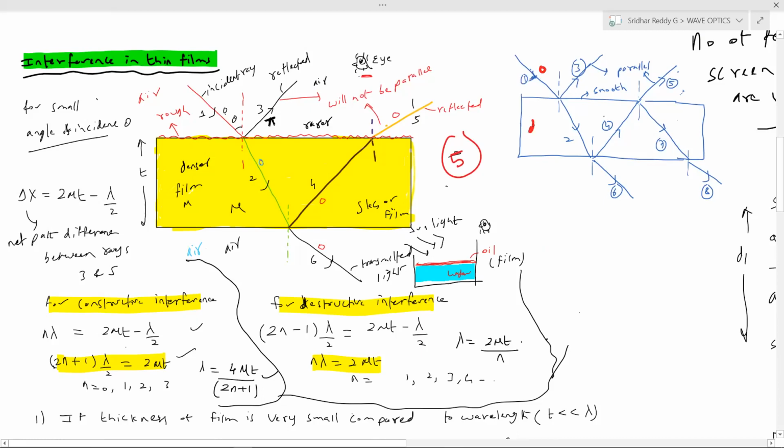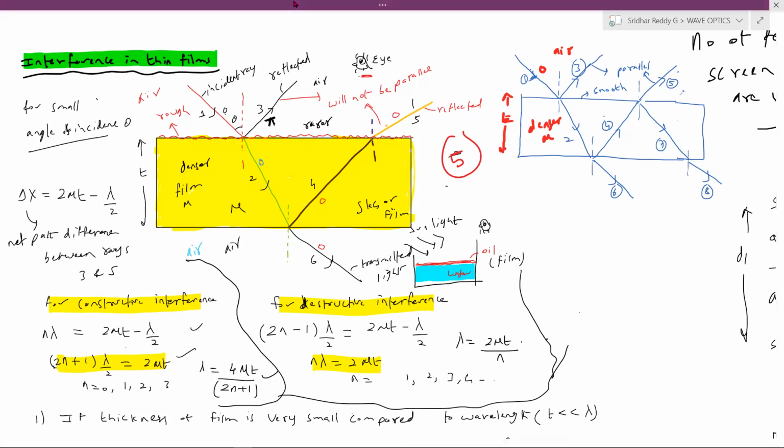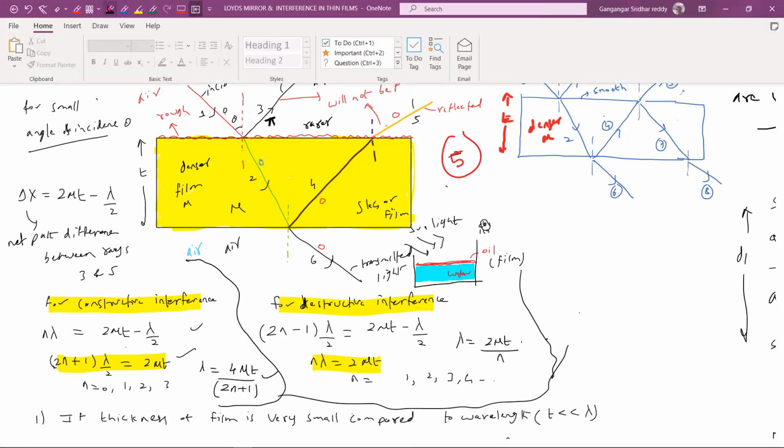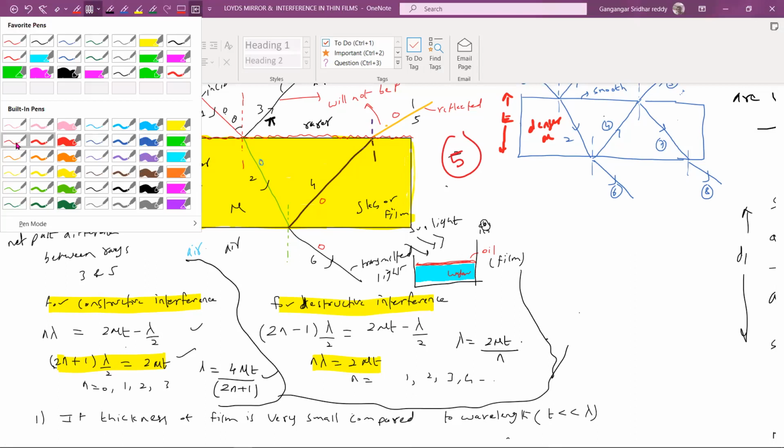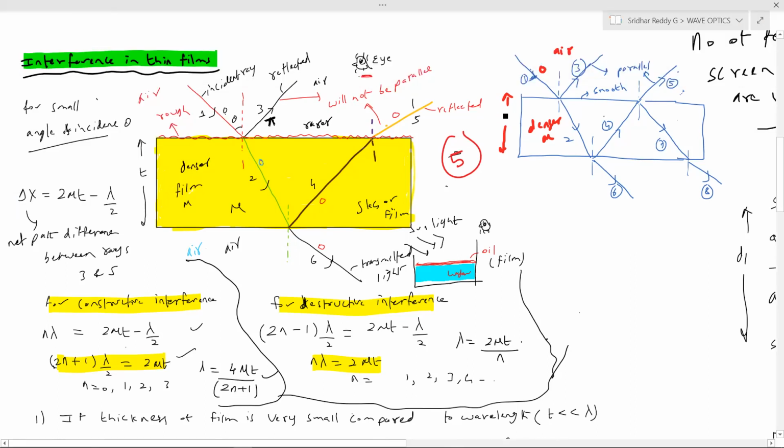So there's a denser medium, mu, and let T be the thickness. Let me take a thinner pen. Okay, I think this will be better visibility. Now, what is the phase angle of this incident ray? Let me call this an incident ray.